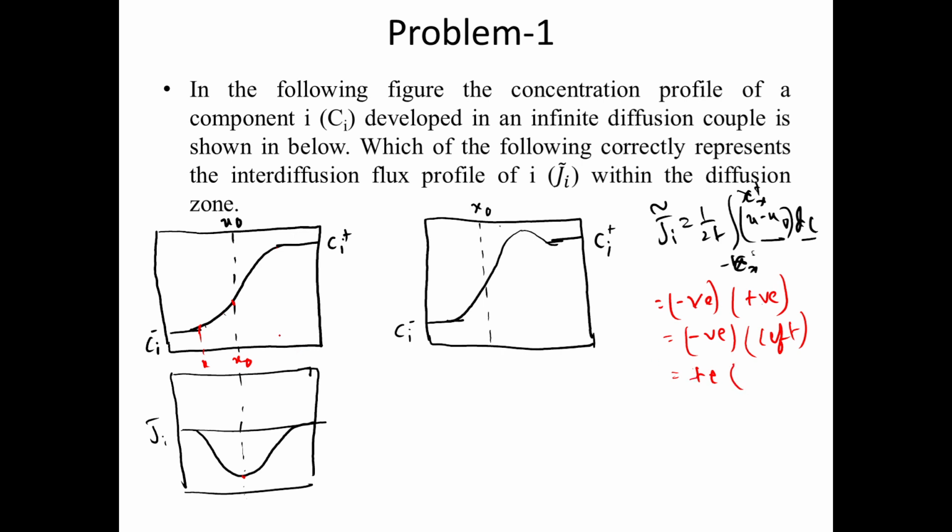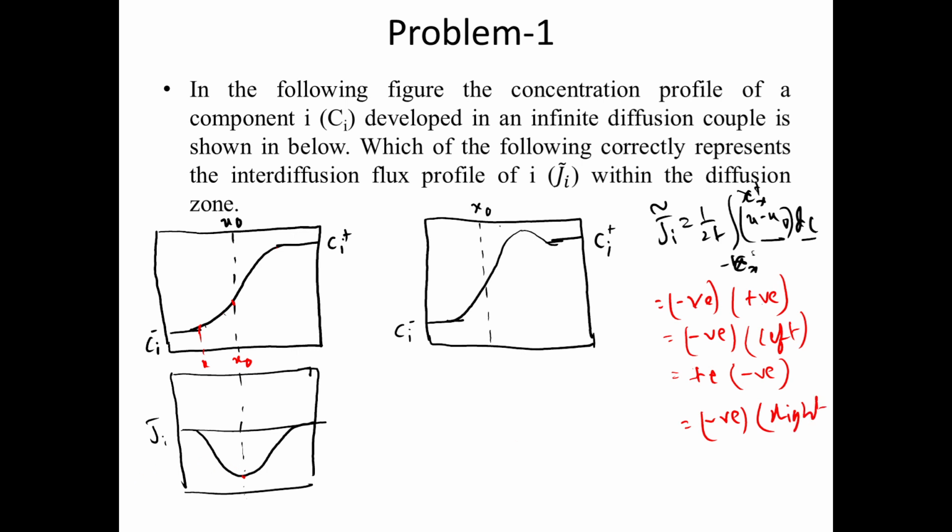Whereas what about the dc value? Final minus initial will be a negative value. This is the final value and this is the initial value. That's why it is negative, approaching towards the positive. So the flux is negative here.